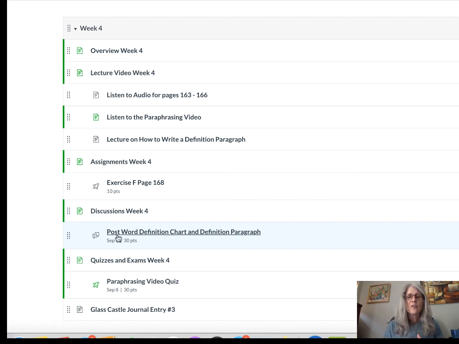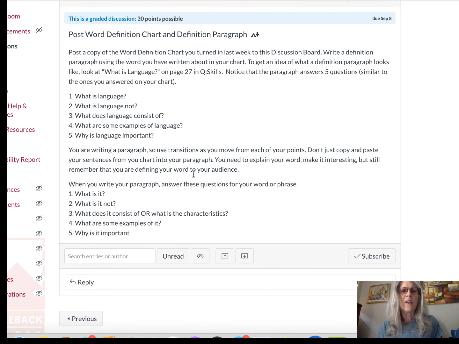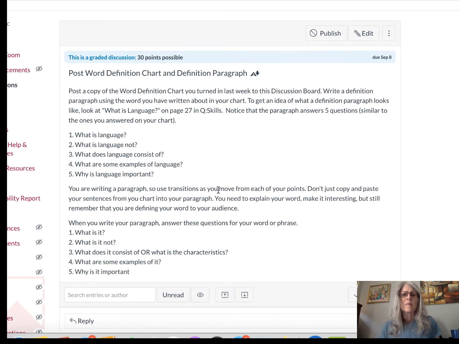But I'd like for you to go ahead and post your word definition paragraph. Remember that you're going to answer these questions, okay, as you write that paragraph. And so you're going to upload a picture or upload a file or a document, whatever, of your actual chart. And then you're going to copy and paste into the discussion area your paragraph, okay?